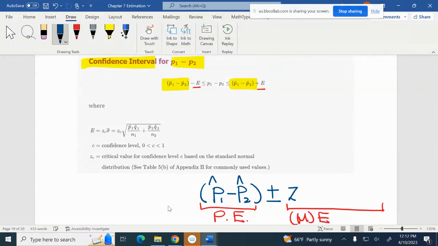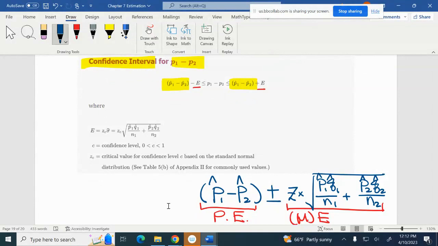The margin of error will be the z-score times the square root of P1 hat Q1 hat over N1, plus P2 hat Q2 hat over N2. That will be the confidence interval here.